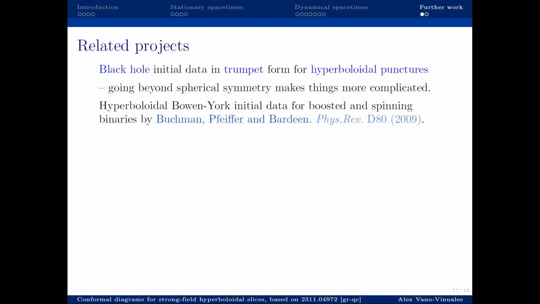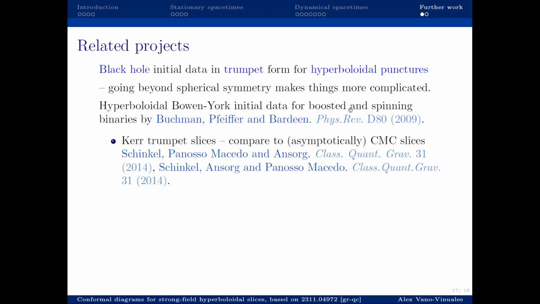That goes forward with some work also by David Schinkel and Rodrigo Panosso Macedo. In this work, the horizon penetrating coordinates were basically cut once you were inside of the horizon. I would like to go beyond that and understand how to set things up so that we can, in the future, use a puncture approach that works on hyperboloidal slices.